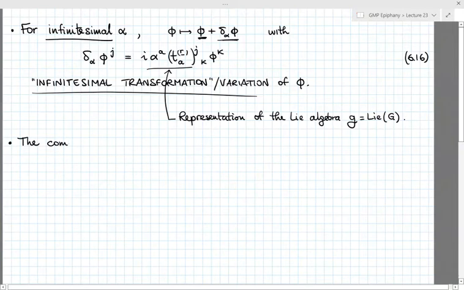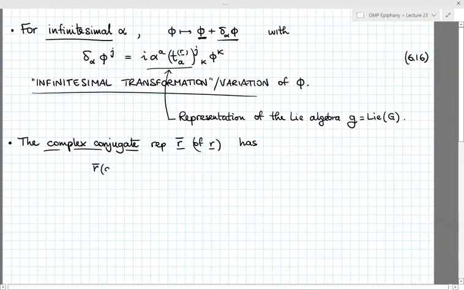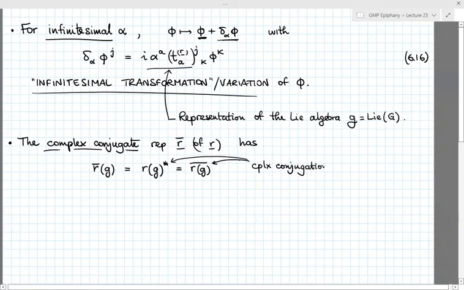So given a representation R, we can construct the complex conjugate representation R bar, which has as its representation matrix the complex conjugate of the representation matrix of R. On the left-hand side here is G in representation R bar.